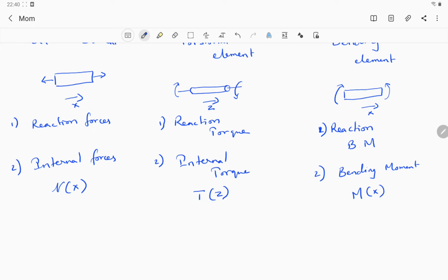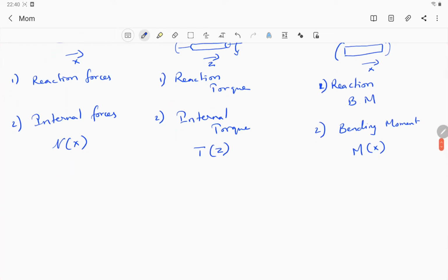Okay, now the third step is, as a result of the internal forces, there's going to be a distribution. Okay, and we are going to use a measure called stress.